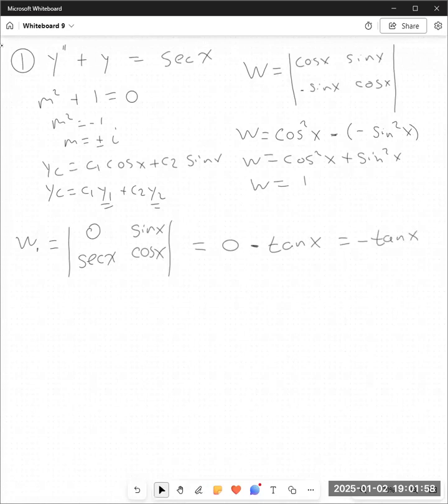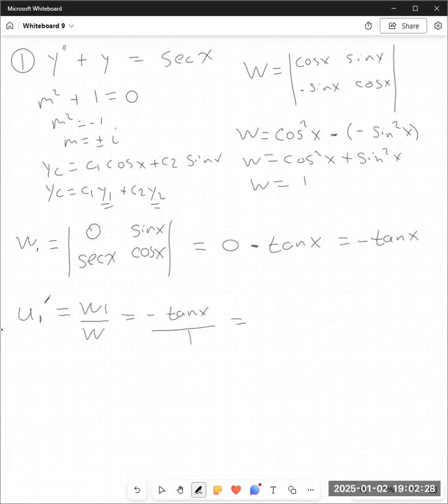Now, for reasons that I'll just tell you to just do this. They explain it a little bit more in the book, but I'm going to take u1 prime and set it equal to w1 over w. This is my substitution that I want to make. So w1 is negative tangent x over w is 1.